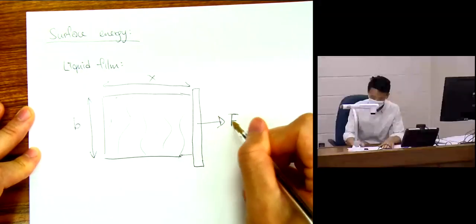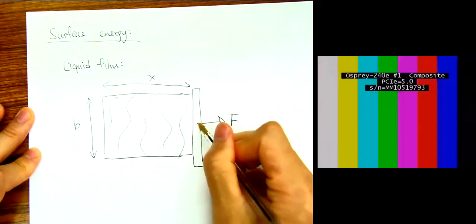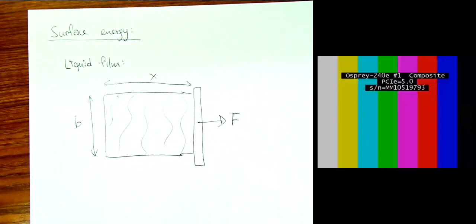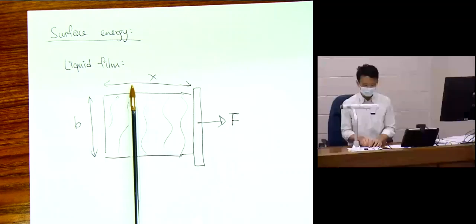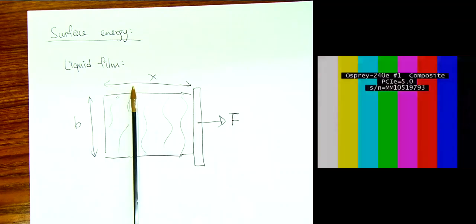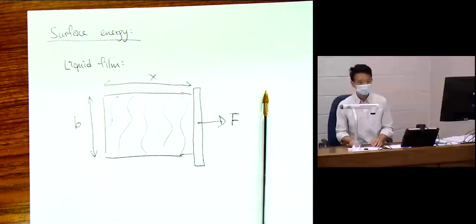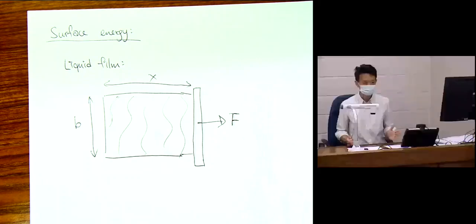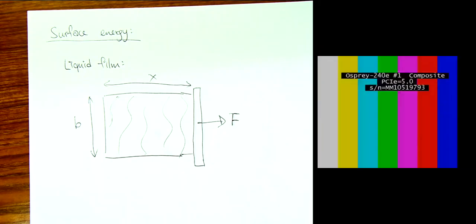And I'm trying to pull it with some force F. Think about the process because at the beginning we start with the handle close to one edge, so there's less area. As we pull the handle to this side and keep pulling, the area of the soap film increases. So the surface area increases, there's more surface, and the surface energy goes up.